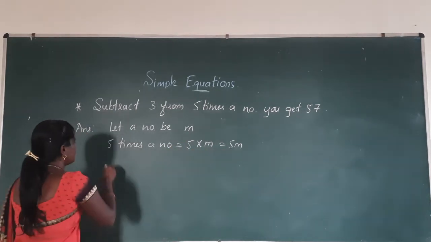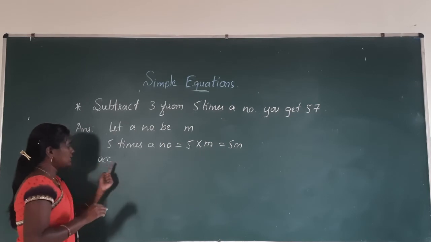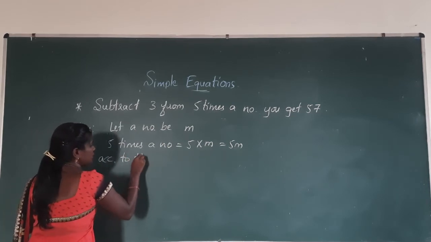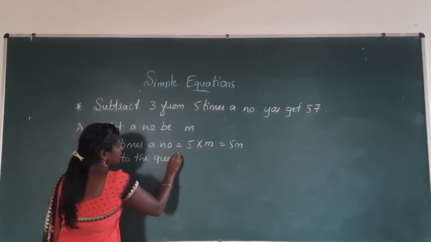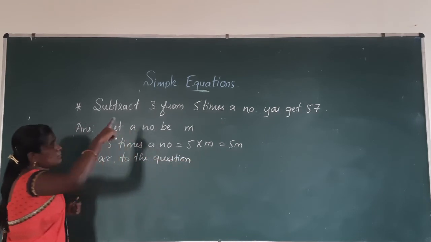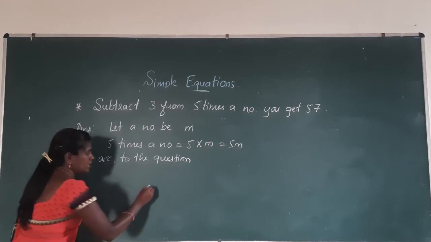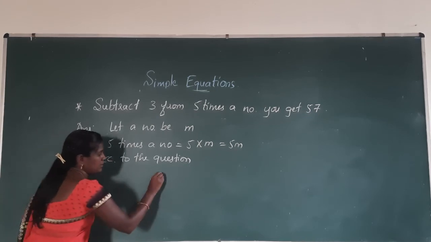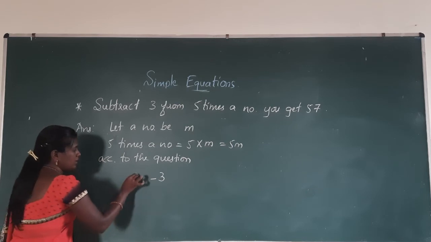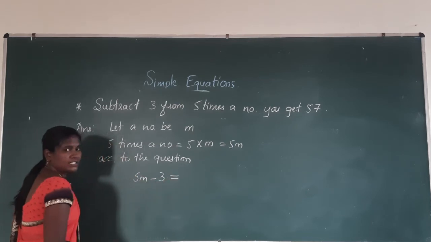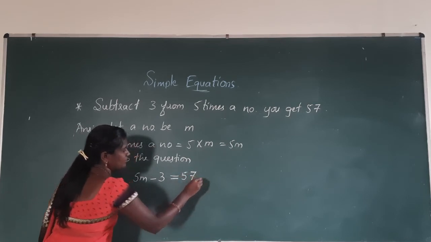So according to the question, see, according to the question. What according to the question? Subtract 3 from, see how I am going to write the equation. Subtract 3 from 5 times a number, you get 57.